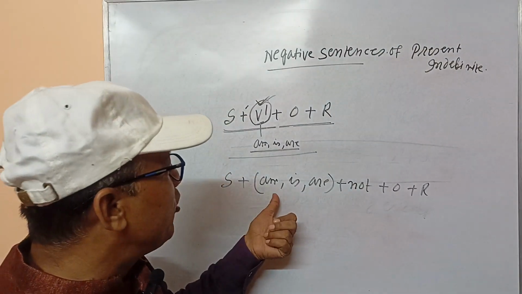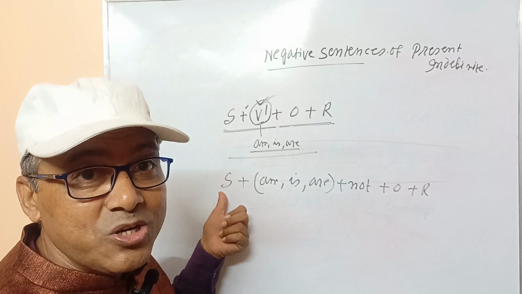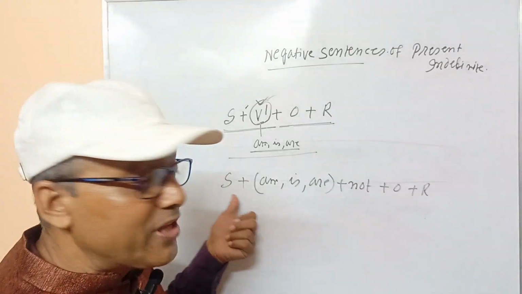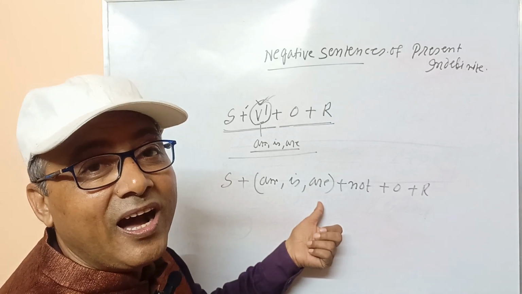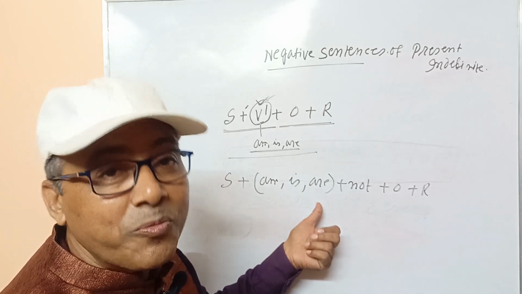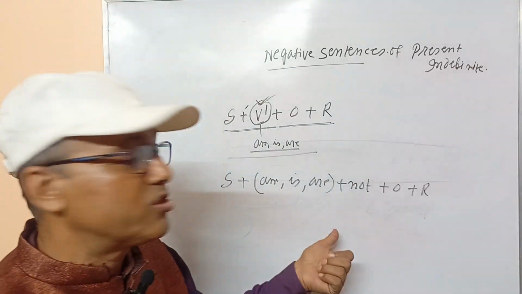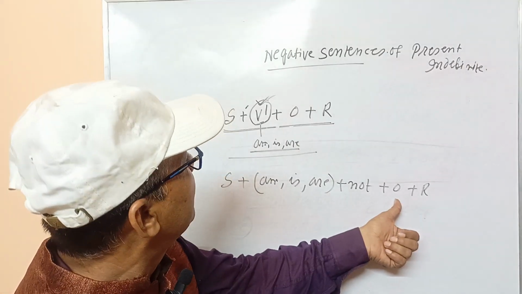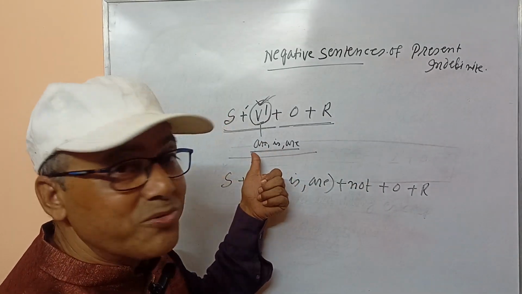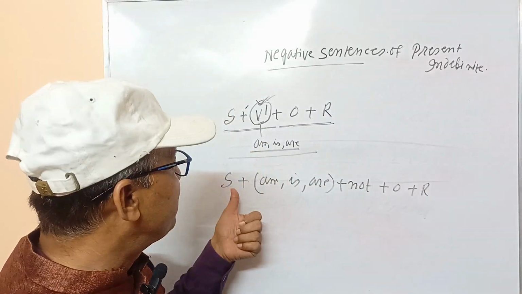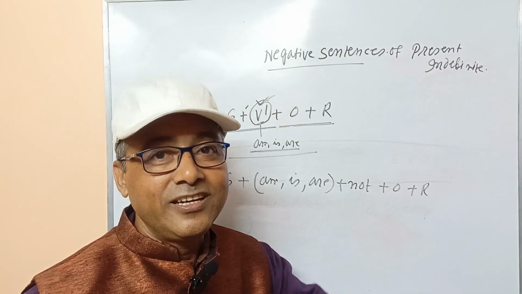So, subject, am not, is not, are not, according to the persons, according to the subject. You have to understand where you will use am not, where you will use is not, where you will use are not. Then object, not verb 1, because we are using here be verbs. So subject, am not, is not, are not, then object, and then remaining.